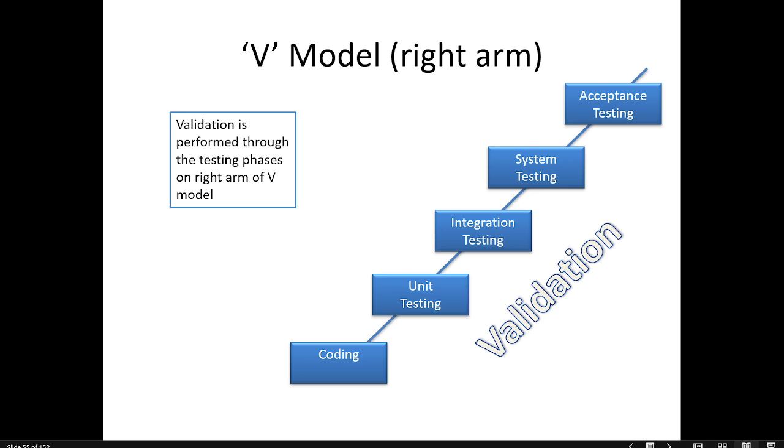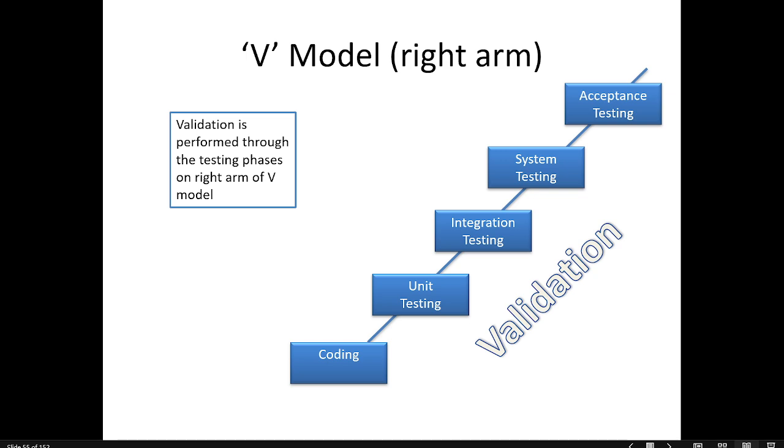Going ahead, we have unit testing, integration testing, system testing, and acceptance testing. These concepts are new for you. These are called levels of testing. Please pay attention. This is a very important concept because this gives an exact idea of how testing actually happens when the application is getting developed. What is the concept of unit testing?